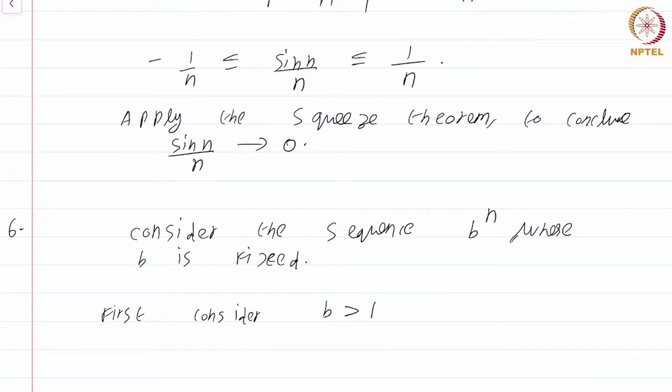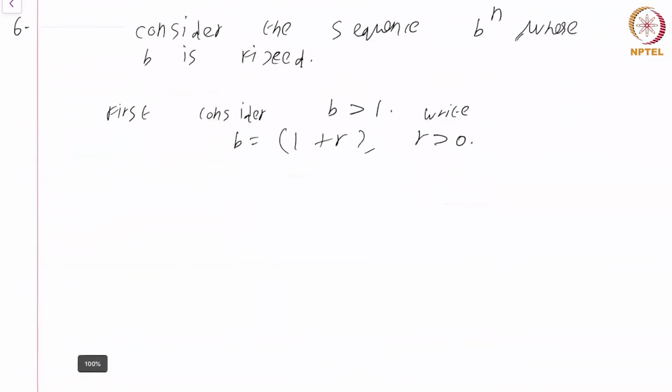The case b equal to 1 is the simplest. It's just going to be 1, 1, 1, 1, 1. It converges to 1. Consider the case b greater than 1. What I do is write b as 1 plus r, where r is greater than 0. I can do this because I'm assuming b is greater than 1.